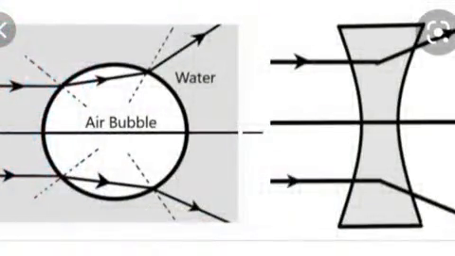Air bubble has a spherical surface and is surrounded by water of higher refractive index. When light passes from water to air, it gets diverged. So air bubble behaves like a concave lens.